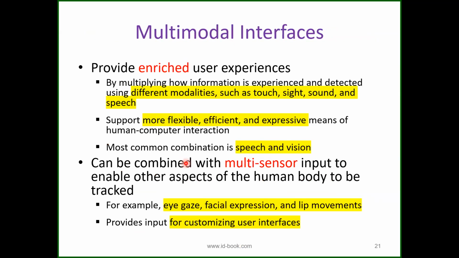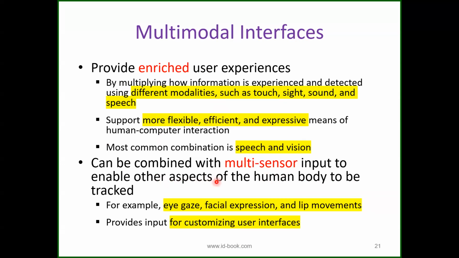Now we have another thing called a multimodal interface, which provides an enriched user experience by using different modalities such as touch, sometimes sight, sound, and speech. It supports flexible, efficient, and expressive means of HCI. The most common combination of these modalities includes speech and vision.